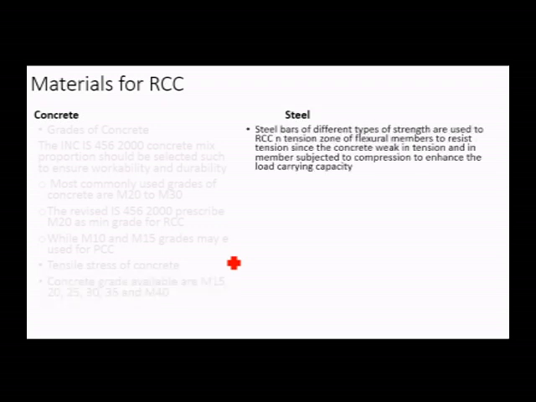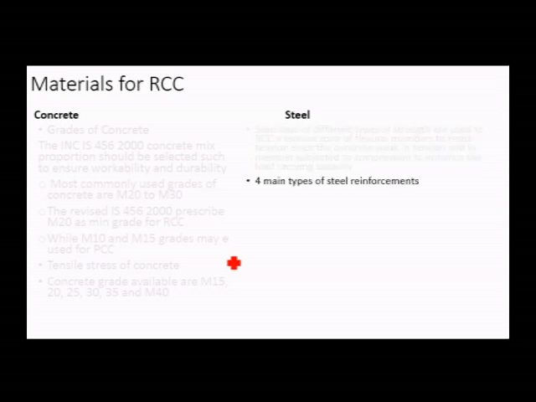In the same manner, steel also has different types, and steel bars of different strengths are used in RCC: in the tension zone of flexural members to resist tension, since concrete is weak in tension, and in members subjected to compression to enhance the load carrying capacity.